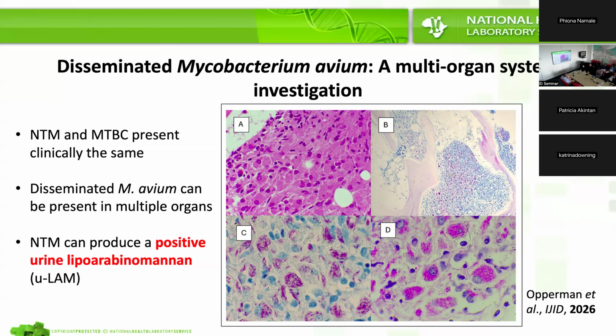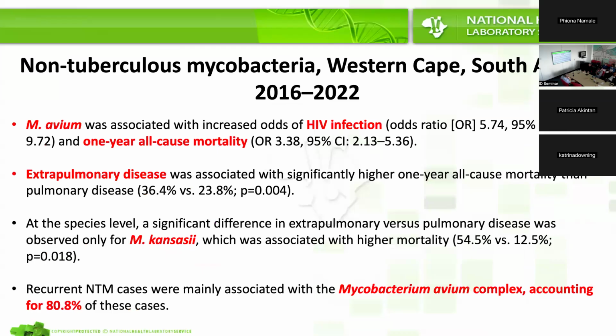And just to highlight, a positive urinary lab doesn't always conclusively indicate TB complex, but NTMs can also be positive in those cases. And then finally, looking at individual species, Mycobacterium avium has a higher odds ratio compared to intracellulare, when HIV and 1 year all-cause mortality is present.